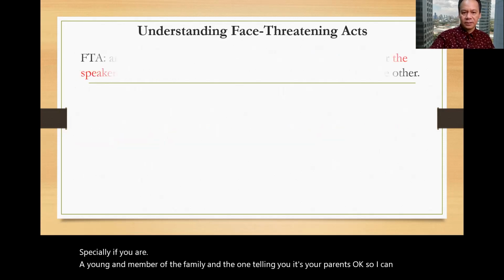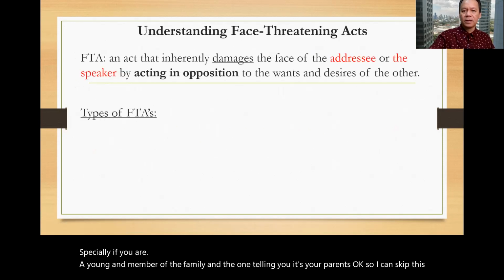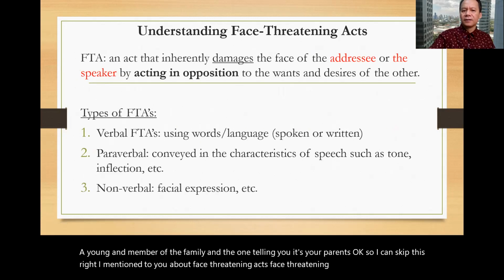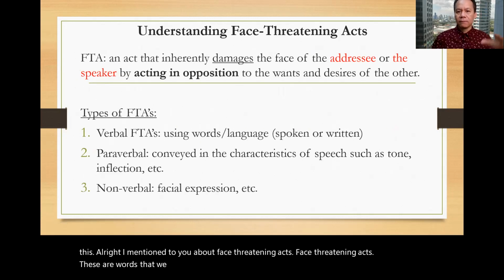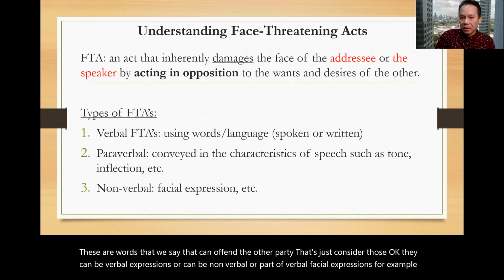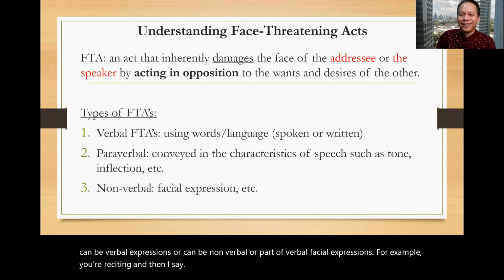So I can skip this, all right? I mentioned to you about face-threatening acts. Face-threatening acts, these are words that we say that can offend the other party. They can be verbal expressions or can be non-verbal or paraverbal. Facial expressions, for example, you're reciting and then I say, wait, all right, you sure that's right?